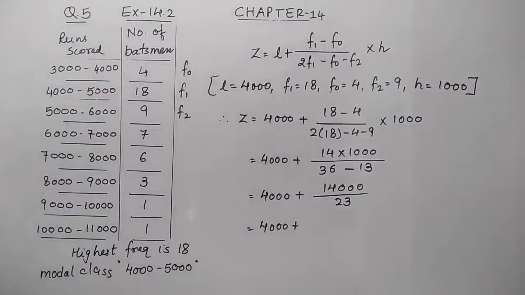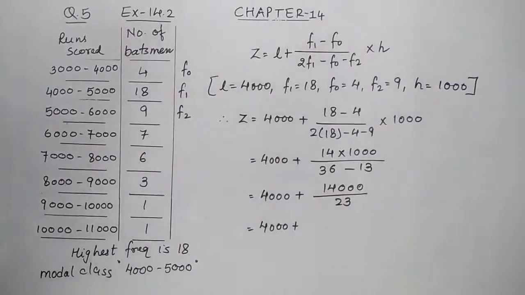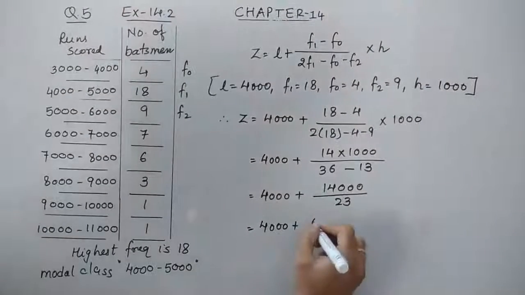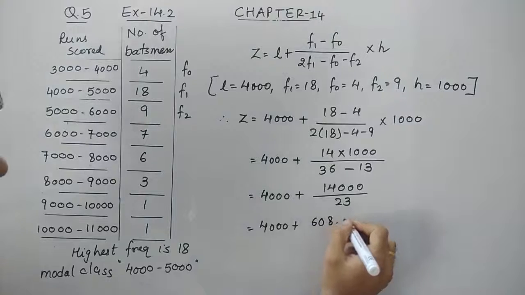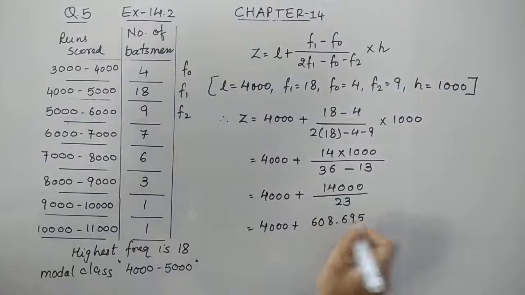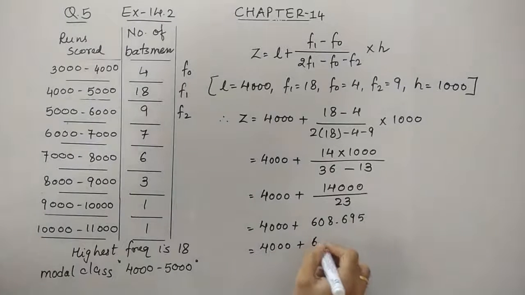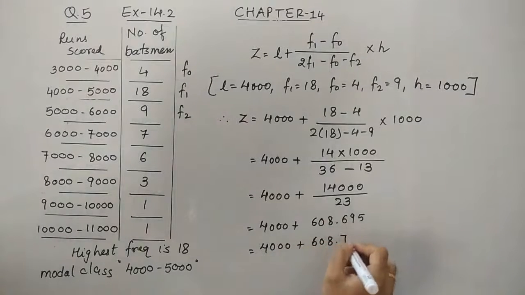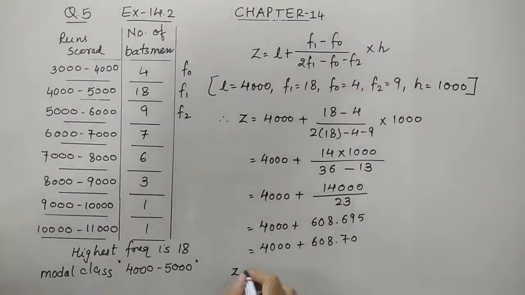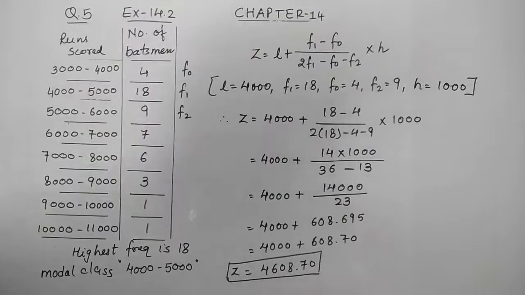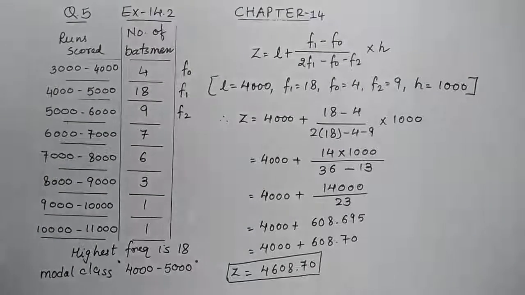So let's do the division and get the answer. The division gives 608.695. Let's convert this into 2 digits. So it is 4000 plus 608.70. The modal value is the addition of the two integers, 4608.70. You can write only 7. This is the mode of the given data.